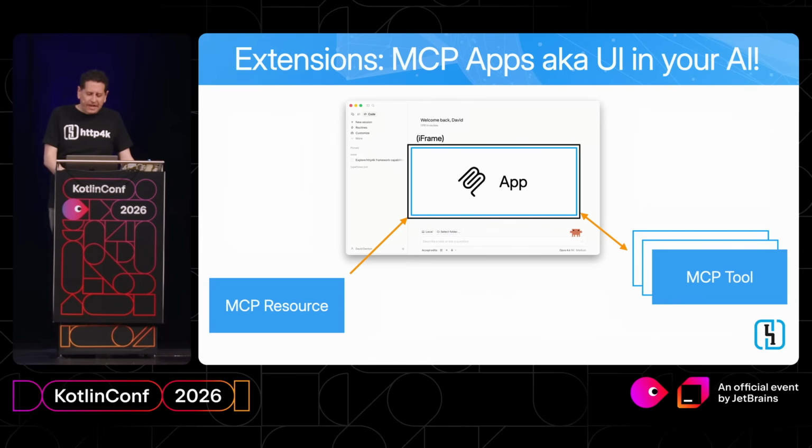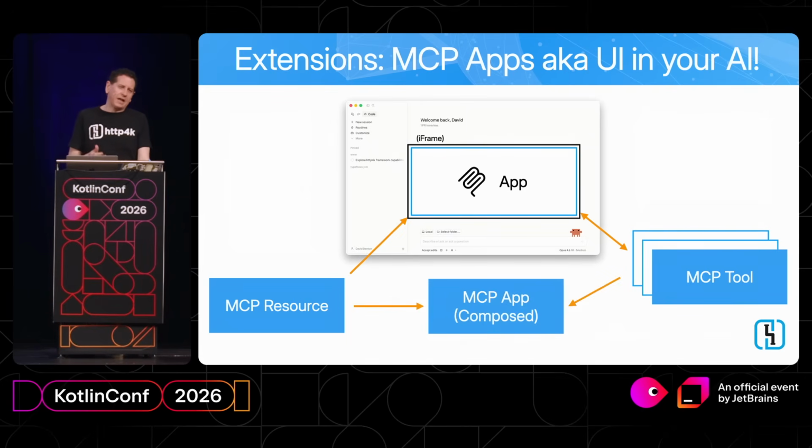So we can see together that an MCP app is just an MCP resource composed with a bunch of MCP tools. It's the same composition, at least in HTTP, and we're defining the extension just by using the primitives that are already in the protocol.